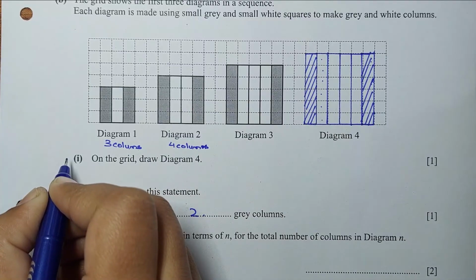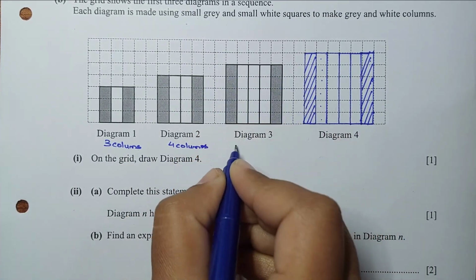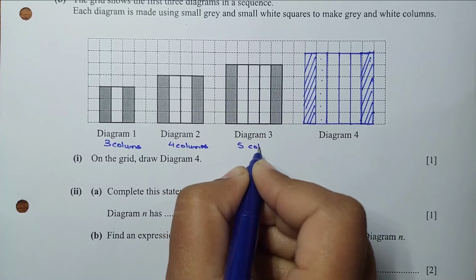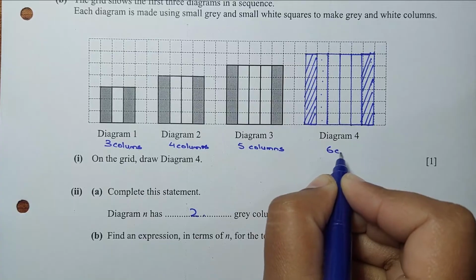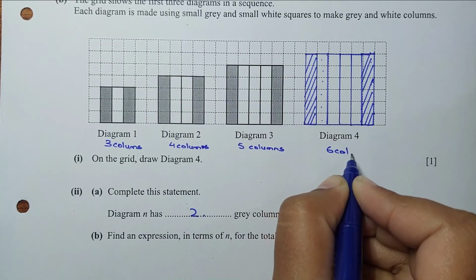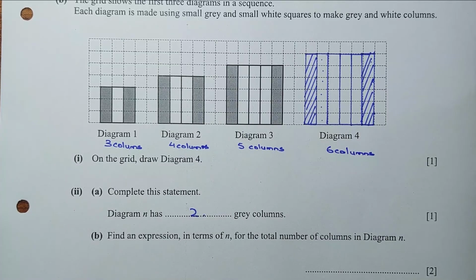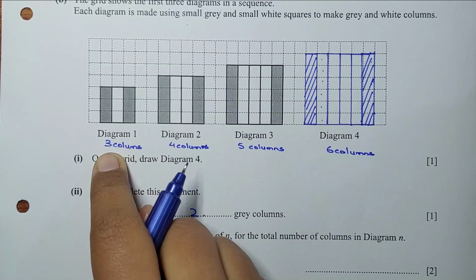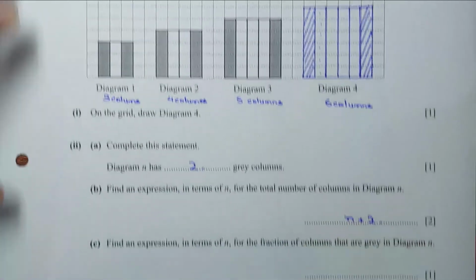For diagram 3, we have 5 columns. And here we have 6 columns. So the pattern is for 1, it is 3, adding 1 each time, so we can say n plus 2.